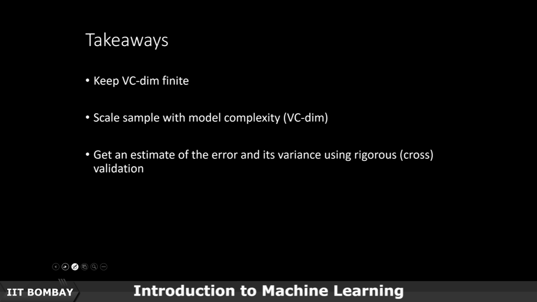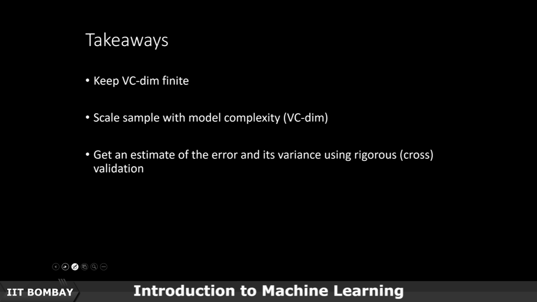If you have to choose classifiers, choose classifiers whose VC dimension is finite, and the sample complexity has to scale with VC dimension, with model complexity, which means that if you are going to use a classifier with larger VC dimension, then we should have larger training samples, because otherwise we risk overfitting. We cannot guarantee with probability 1 minus delta that the training sample is representative of the underlying distribution in terms of performance of this particular classifier.